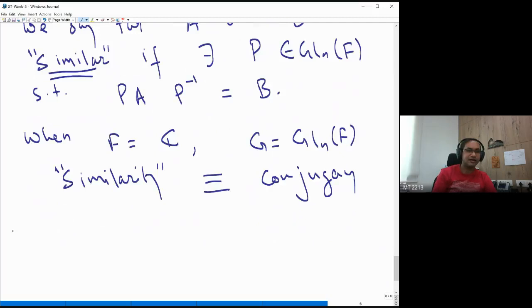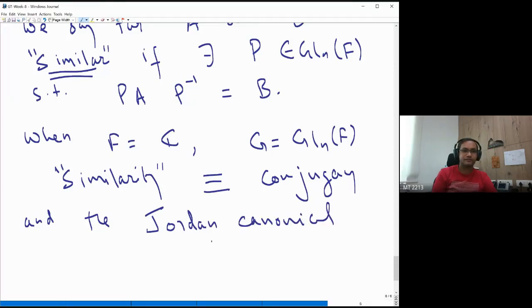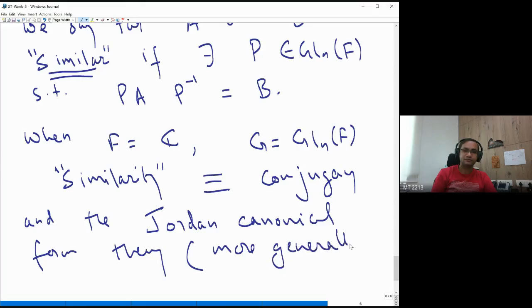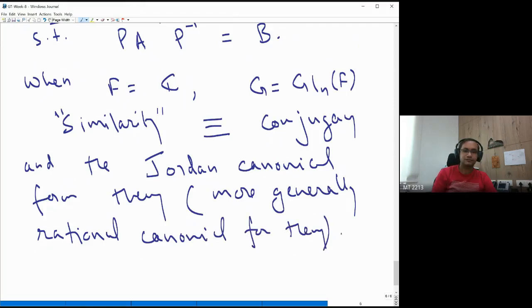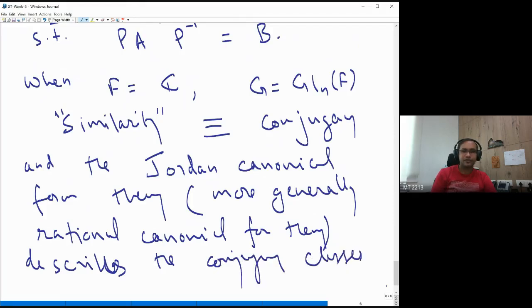And the Jordan canonical form theory, more generally rational canonical form theory, describes the conjugacy classes in GL_n.